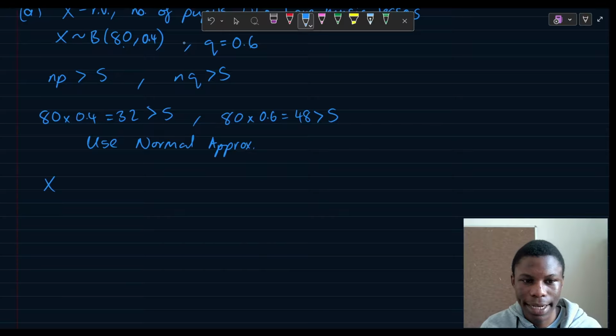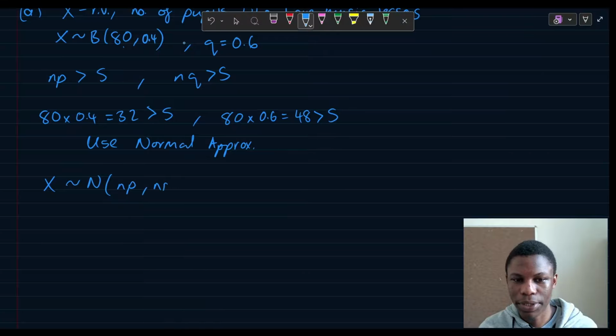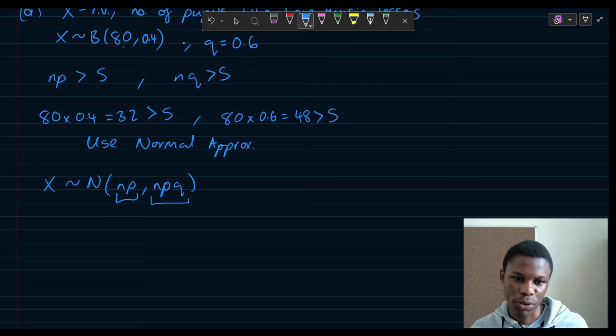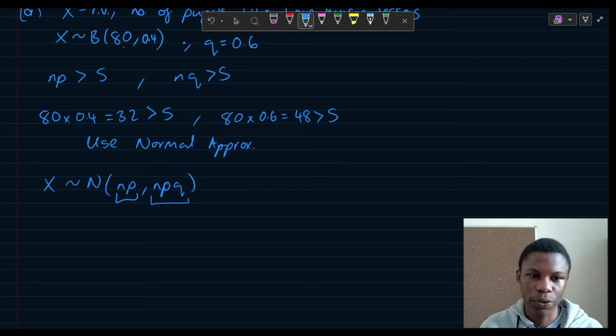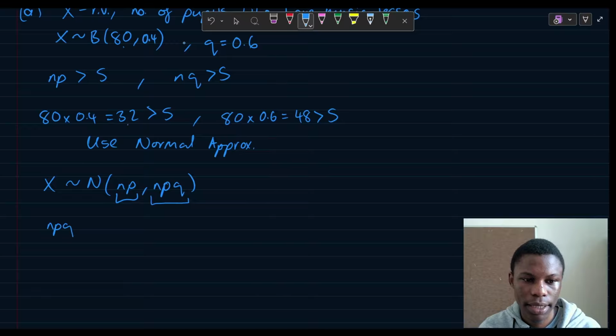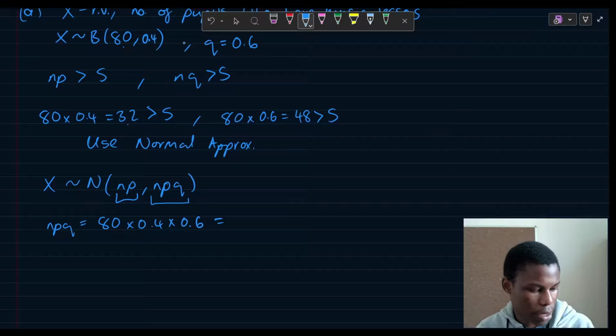And so we can say that X approximately follows a normal distribution with mean np and variance npq. So the mean of a binomial distribution and the variance of a binomial distribution. np we already calculated to be 32. npq we still need to calculate. npq is our 80 times the 0.4 times the 0.6, which gives us 19.2.